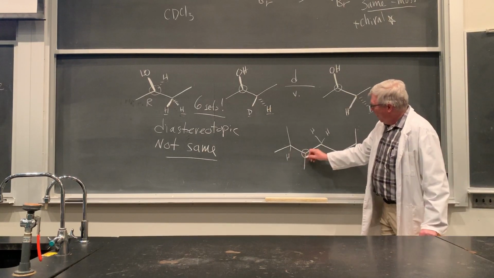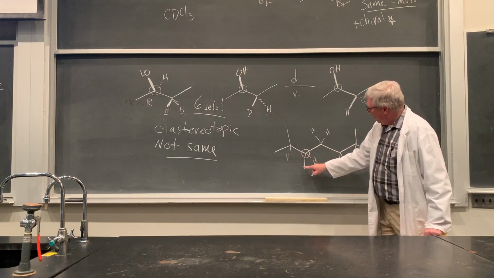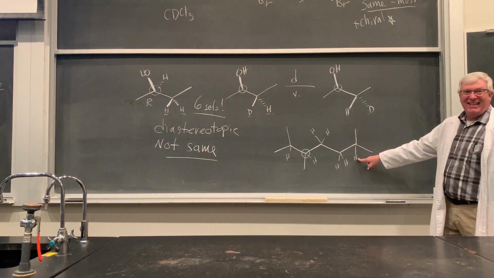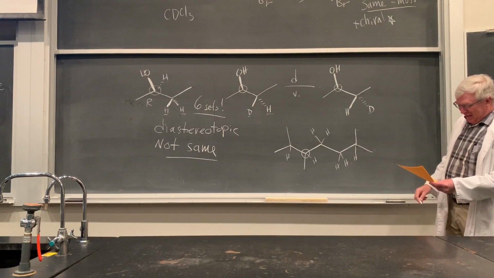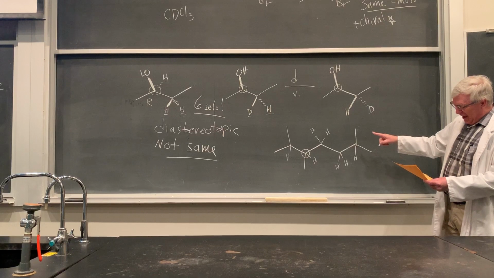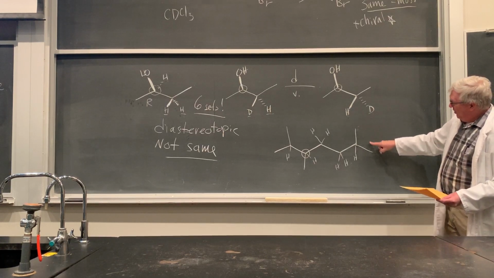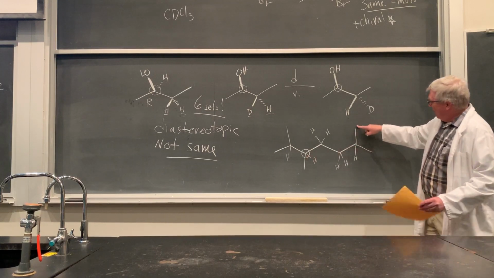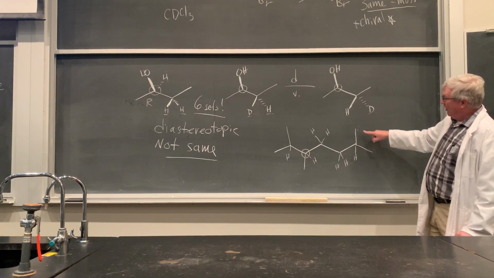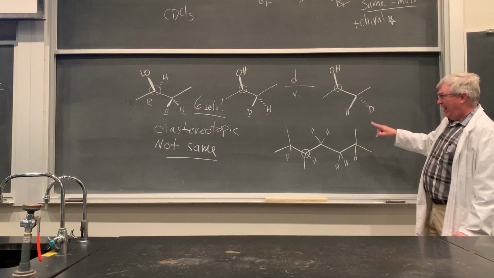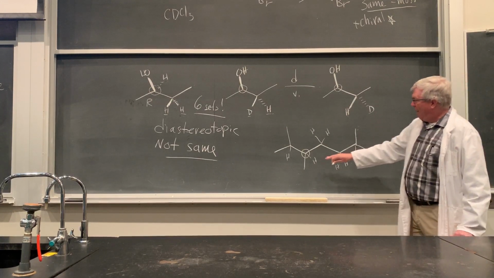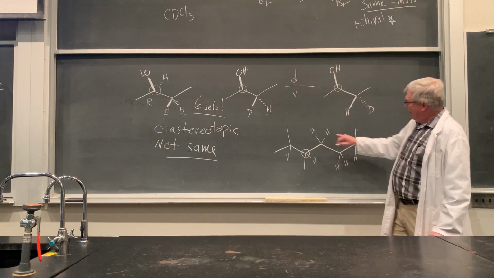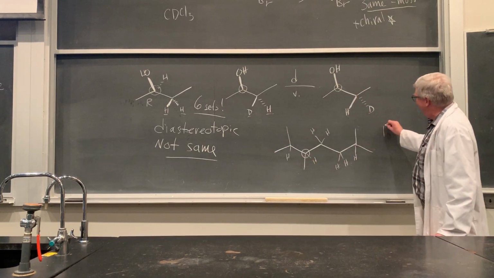Let's see. 1, 2, 3, 4, 5, 6, 7, 8. Okay. And what else do we have here? We've got these two, which technically also, because of this stereocenter, the methyl groups can become diastereotopic also now, and it becomes quite complicated. So what do we have? How many? 1, 2, 3, 5, 6, 7, 8, 9, 10, 11, 12?